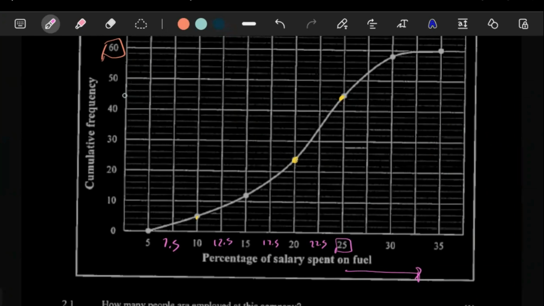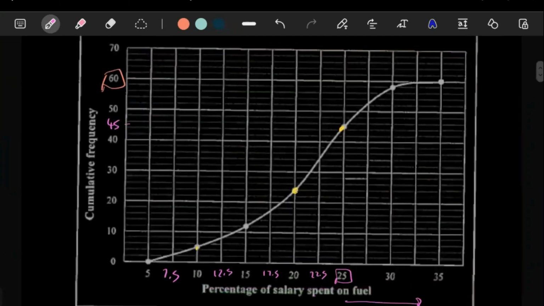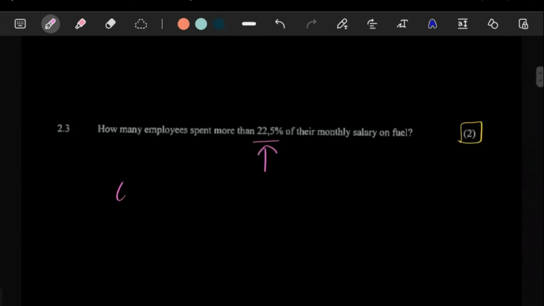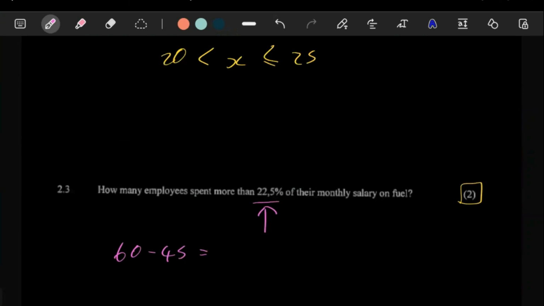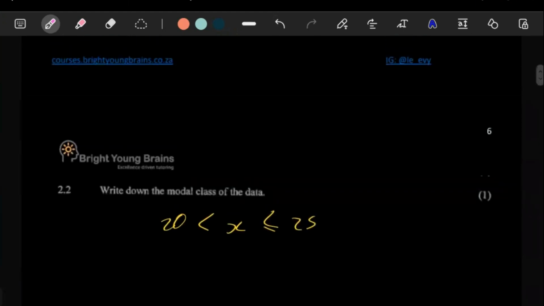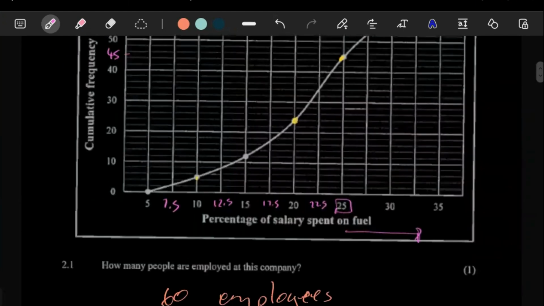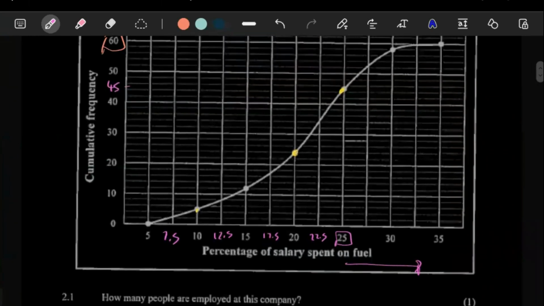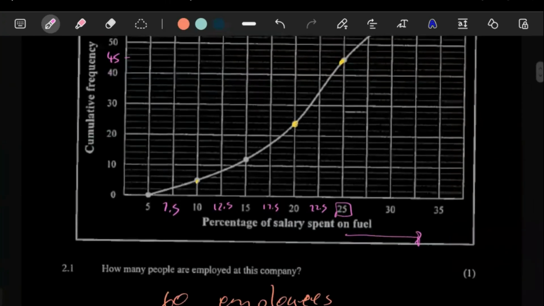So that's like 45. And then going up here to like 60. So you're going to say 60 minus 45. You're going to get there, I think, about 15. Well, one way or the other, we just have to be careful here. Well, no. We have to look at it this way.